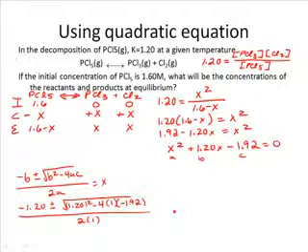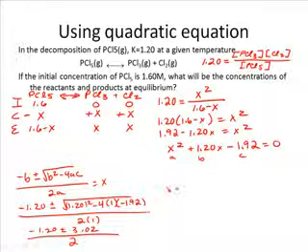So let's see what values we get from that. I'm getting negative 1.20 plus or minus 3.02, divided by 2. So we get two values for x.